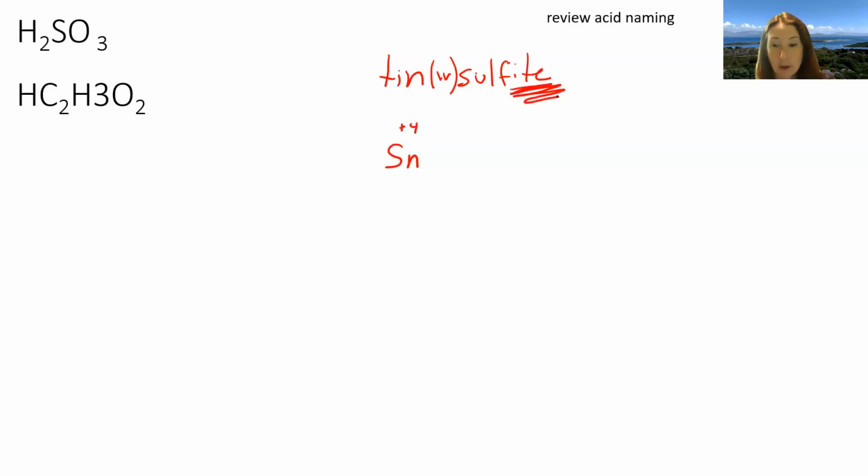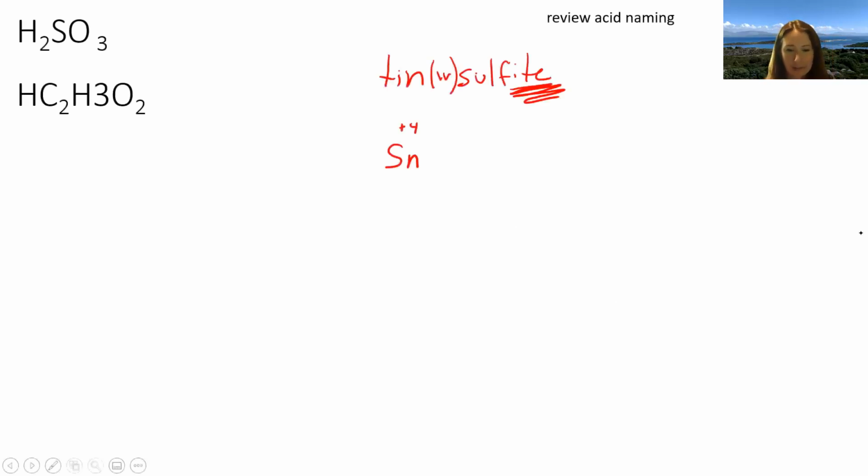Sulfite is like sulfate, but lost an O. Okay, got it. So it lost an O. So sulfate is SO4 2-. Ite means subtract one oxygen.